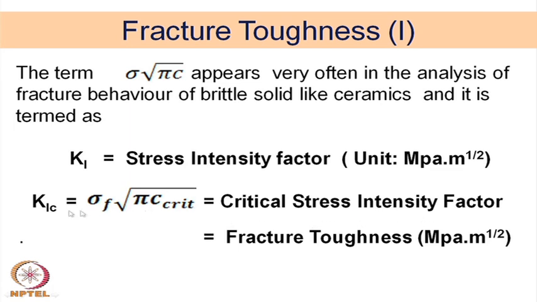So, both of them are critical, that means a specific value for that particular material, and this is the critical stress intensity factor. Okay. This is only the stress intensity factor in general at any stress level or any crack length, but if you have a specific value of the stress and a specific value of crack length which has been defined by the Griffith theory, that becomes your critical stress intensity factor, or in other words it is called the fracture toughness.